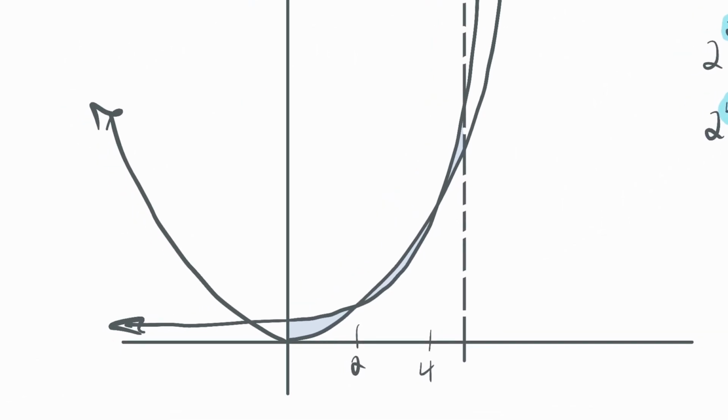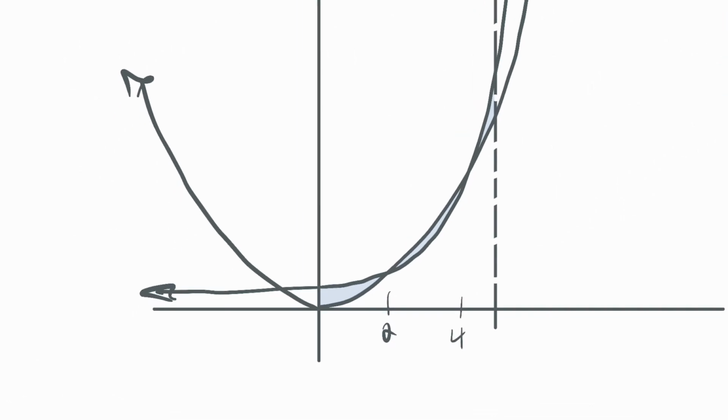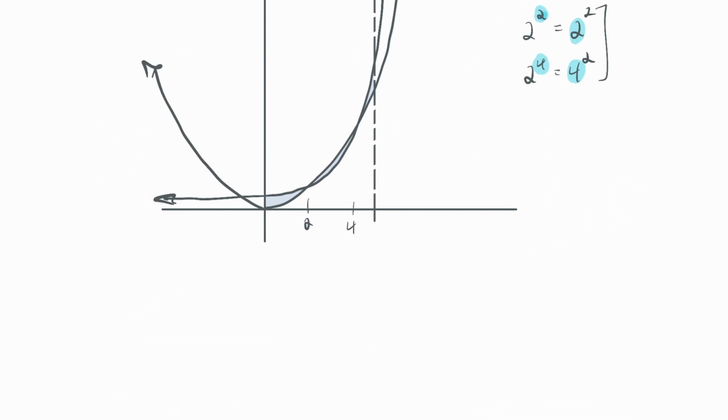So as long as you identify that the top function is the exponential 2 to the x, and the bottom function is the parabola x squared, my first region will be the integral from 0 to 2 of 2 to the x minus x squared dx, plus the next region, the integral from 2 to 4.